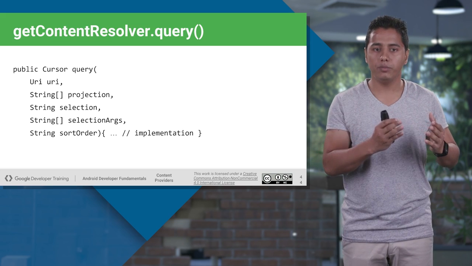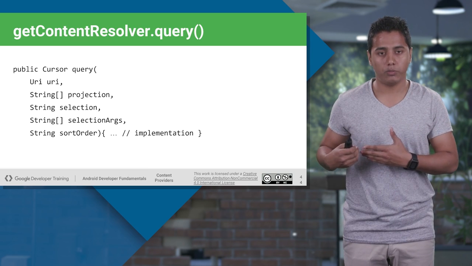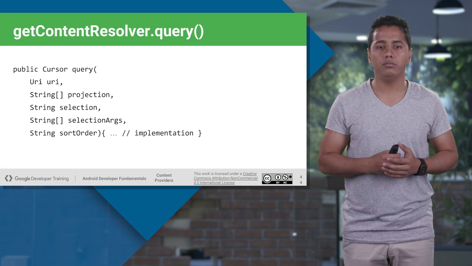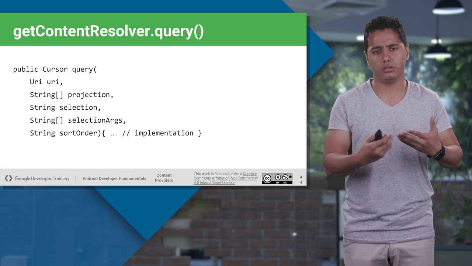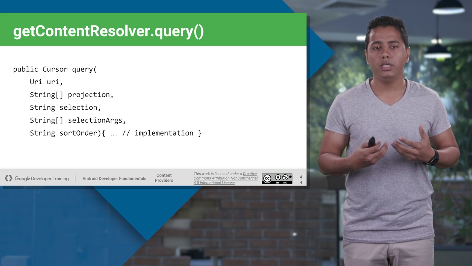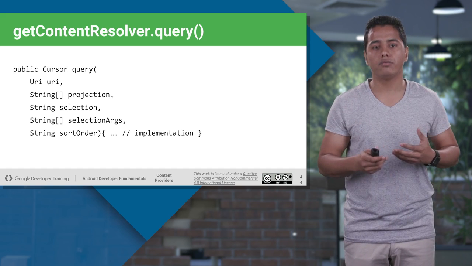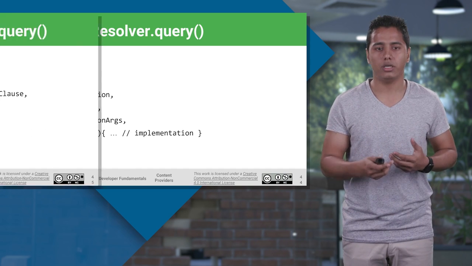Here is a small code snippet for querying your database from your content provider. First will be the URI, that is the content URI, the path for accessing your content provider. Second will be the projection, the names of the columns you want to access. Third will be the where clause, fourth will be the values for that where clause, and fifth will be your sort order, ascending or descending.